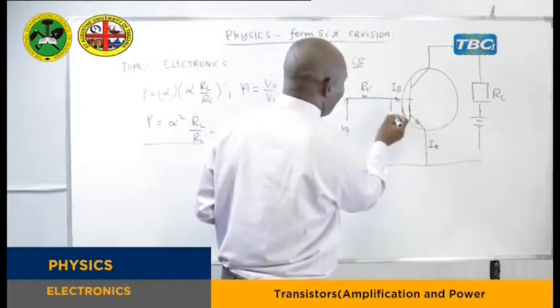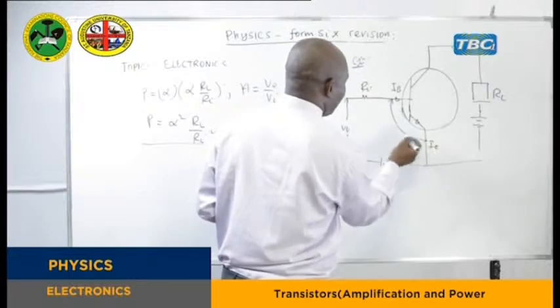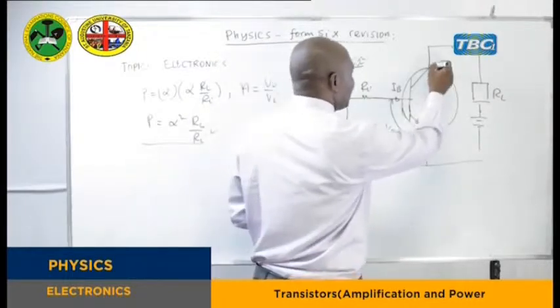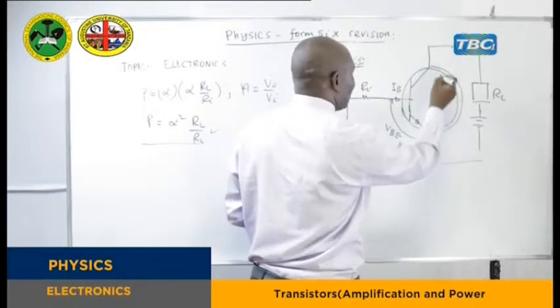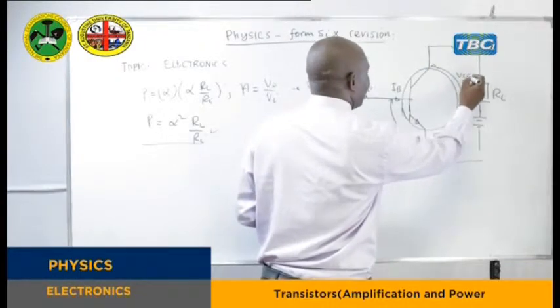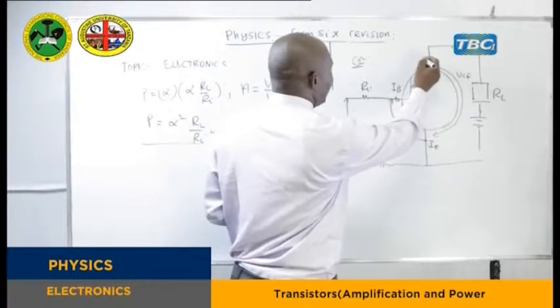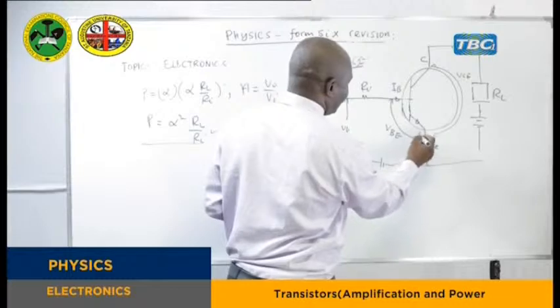Of course we know this voltage here is the voltage across the base-emitter junction, and this voltage here is VCE, the voltage across the collector-emitter junction. This is the base, this is the collector, this is the emitter.